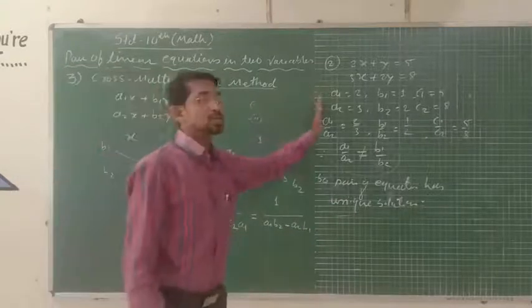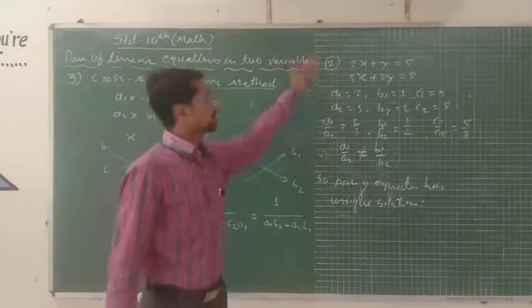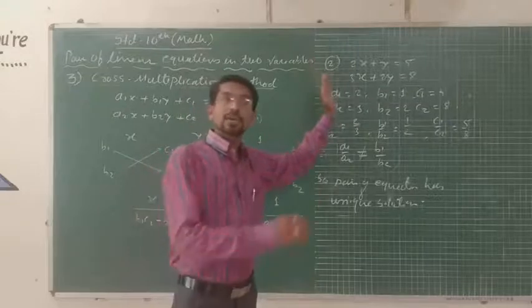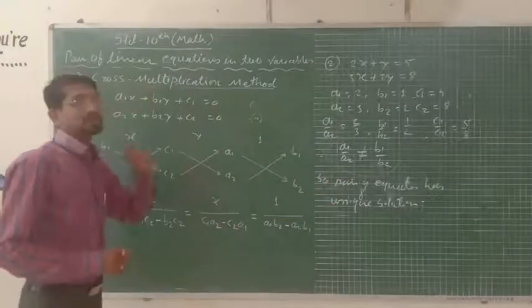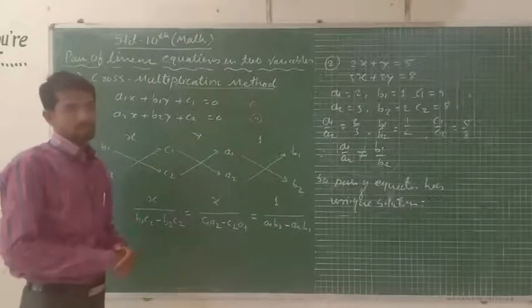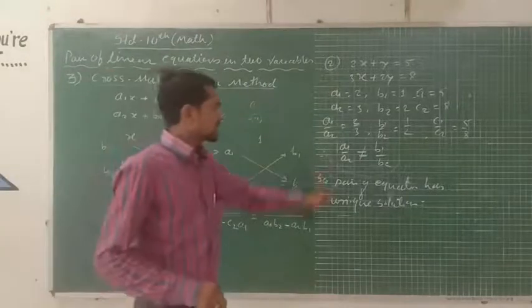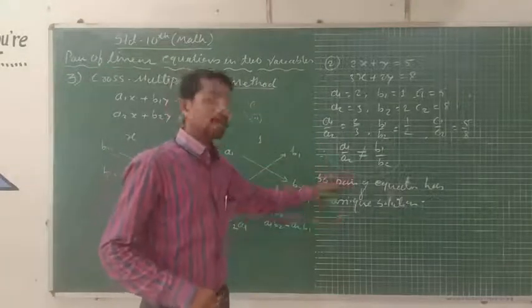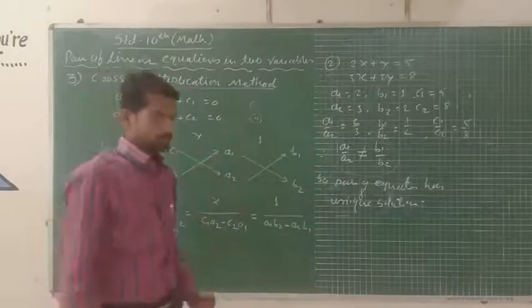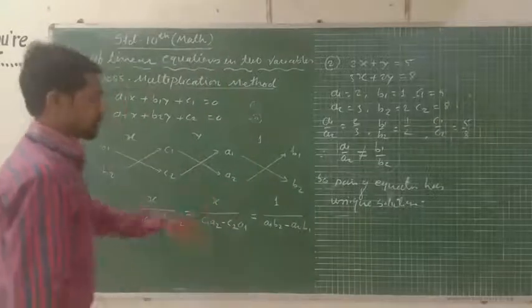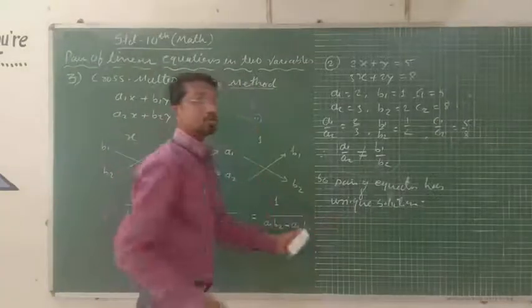You may find it by the substitution method also, or by the elimination method also. Now here we have to find it by the cross multiplication method. See how it is used. Once you decide whether it is a unique solution or not, if it is a unique solution, then go to the further method.